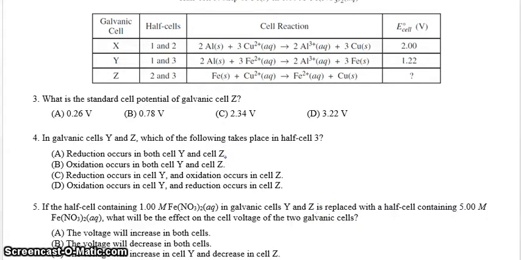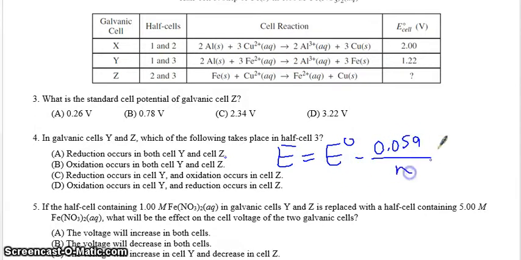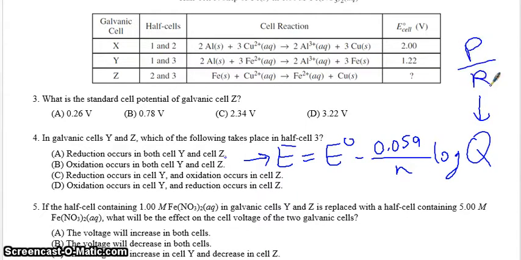So anytime you increase the concentration, you're applying this equation, minus 0.059 over n log of Q. Remember, this is the equation to determine the voltage under non-standard conditions, this E. Now, because we are increasing the molarity, that affects Q. Remember, Q is products over reactants. We're increasing the molarity of iron. Now, in cell Y, notice the molarity of iron is increased.